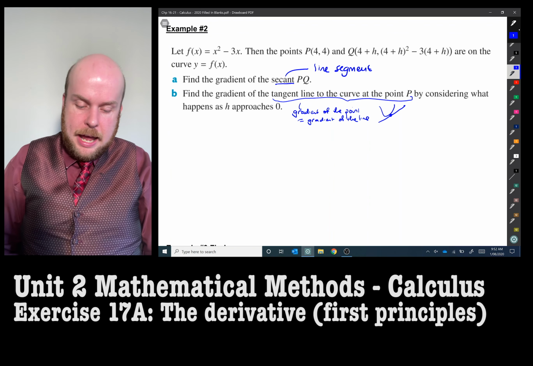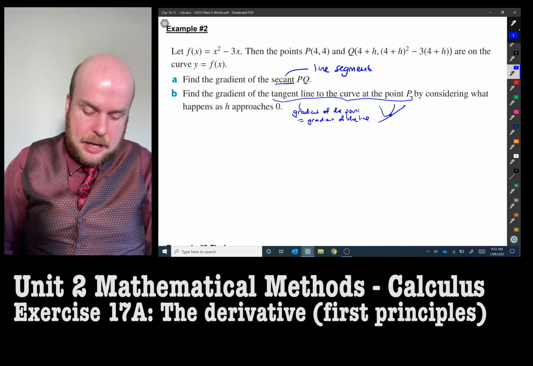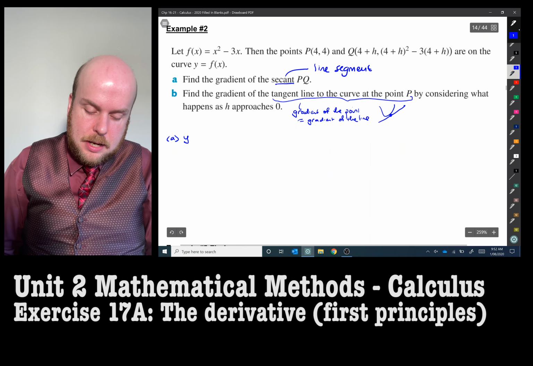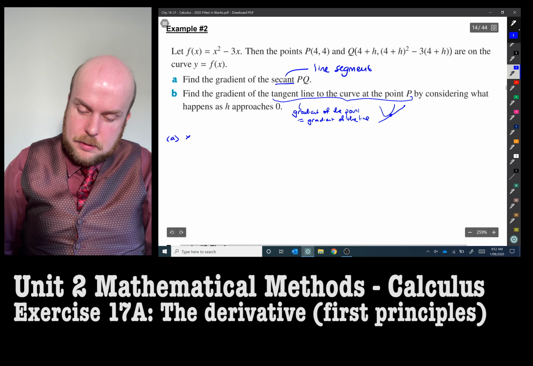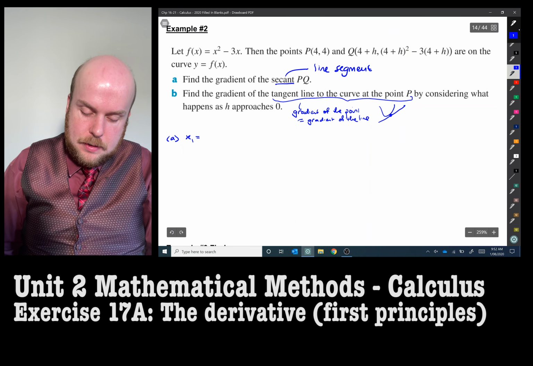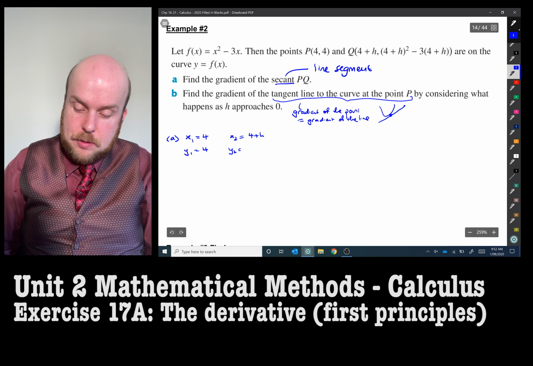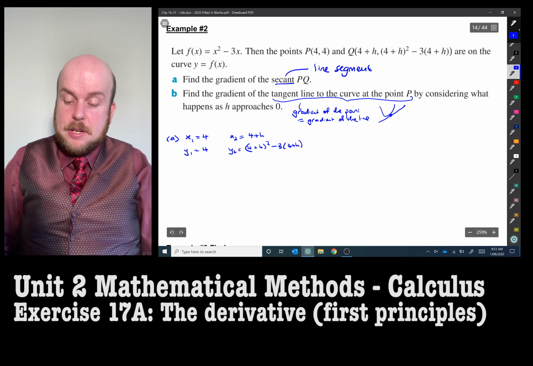So let's start with A. We're going to find the gradient of the secant PQ. So I'm going to do x1 is equal to 4, x2 is equal to 4 plus h, y1 is equal to 4, y2 is equal to (4 plus h) squared minus 3 times (4 plus h).